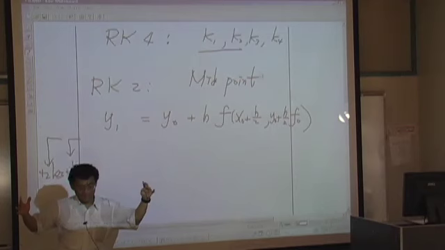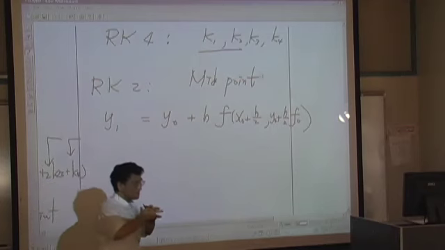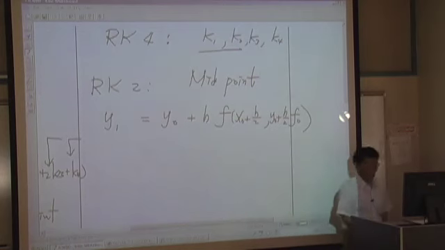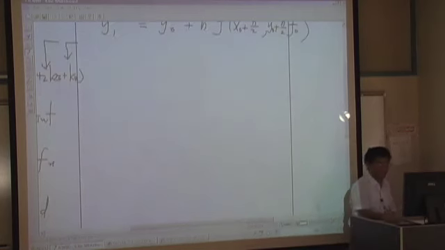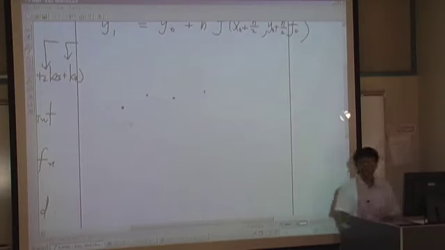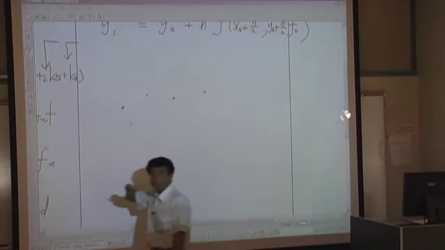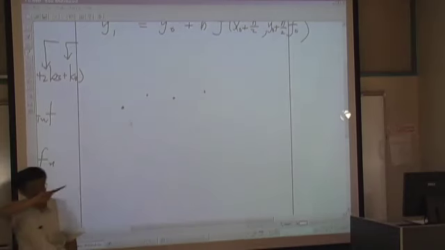The next method is the method Adams developed. Once we determine a series of heights, we have information about these heights, then we can use interpolation theory to somehow connect them.